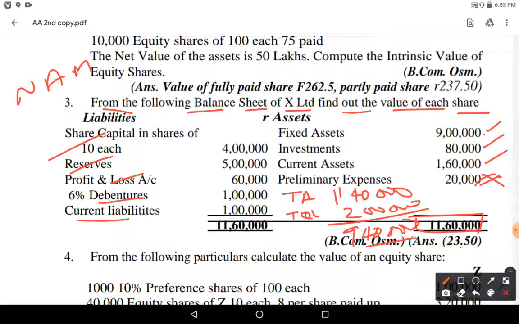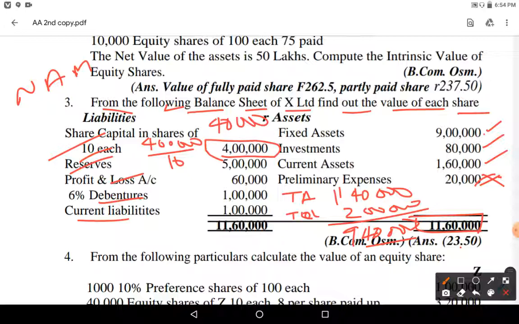Number of shares, how many shares are we having? Total paid up share capital is 4 lakhs. Each share is 10 rupees. So 4 lakhs divided by 10 gives 40,000 shares.